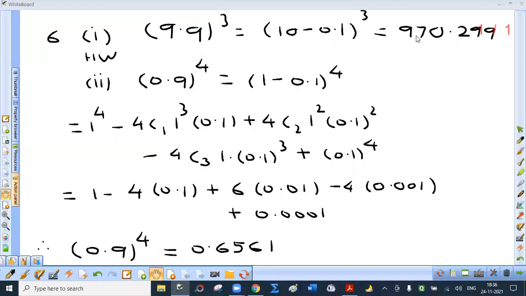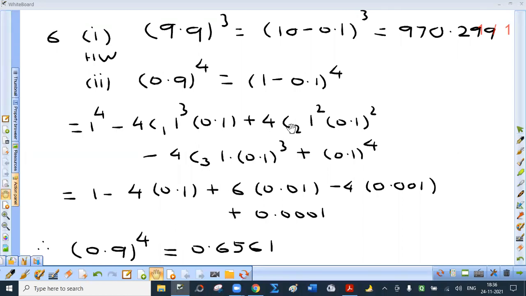Sum number 6, using binomial theorem, find the value of first part for homework, cube of 9.9. You have to write 9.9 as 10 minus 0.1. Answer is 970.299. Next, 0.9 raised to 4 to be written as (1 minus 0.1) raised to 4. Expand using binomial theorem. 4C1 is 4, 4C2 is 6.